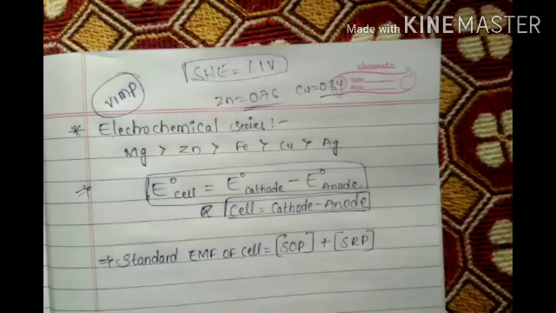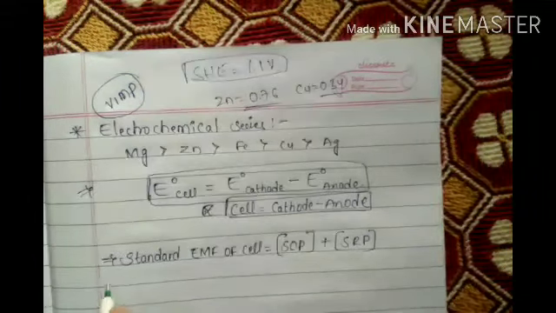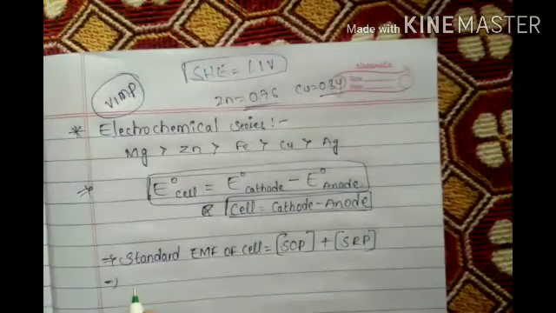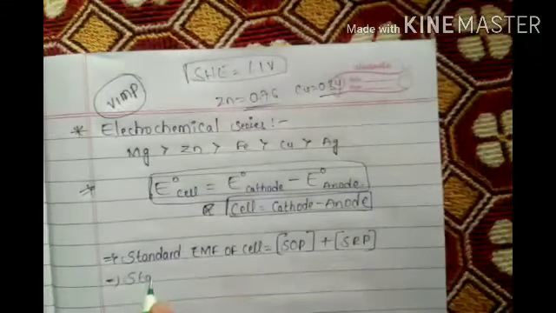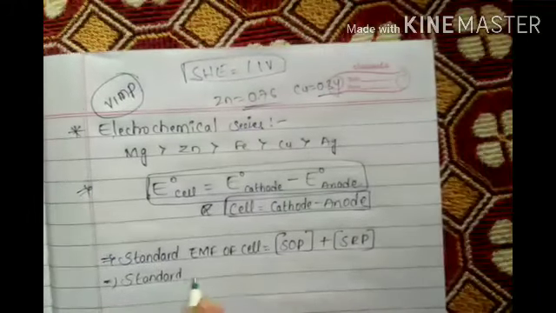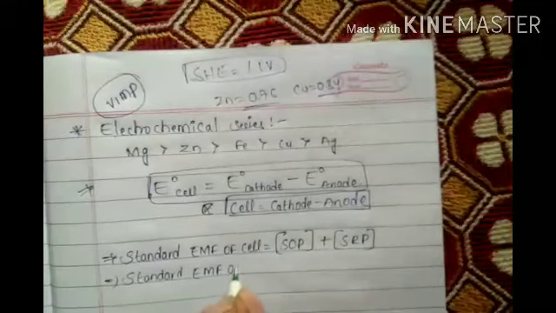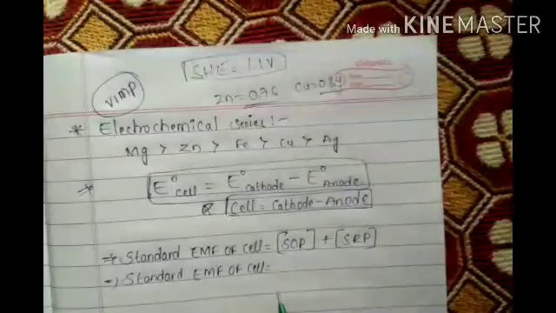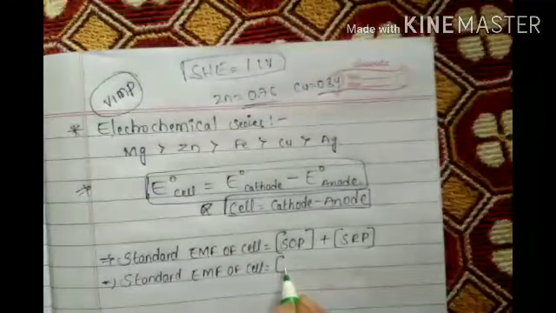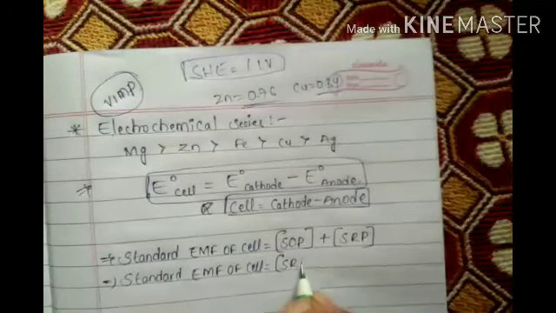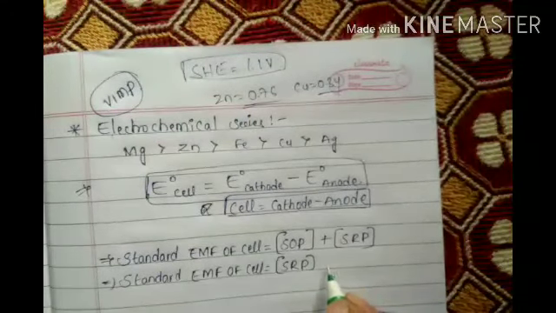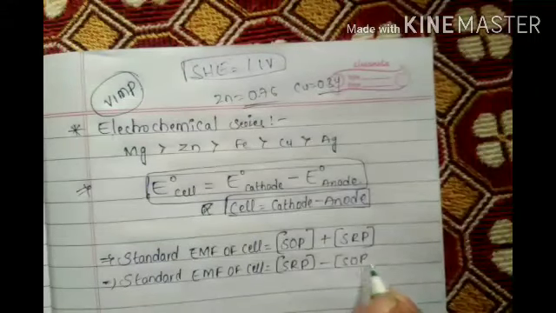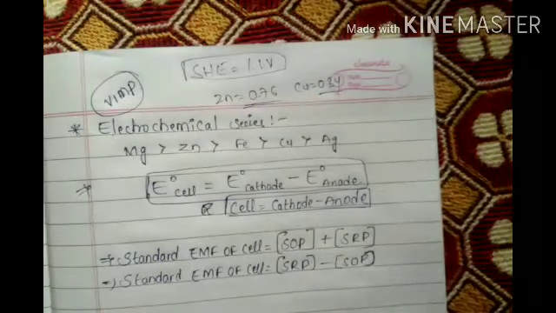Next, standard EMF of cell equals standard reduction potential minus standard oxidation potential.